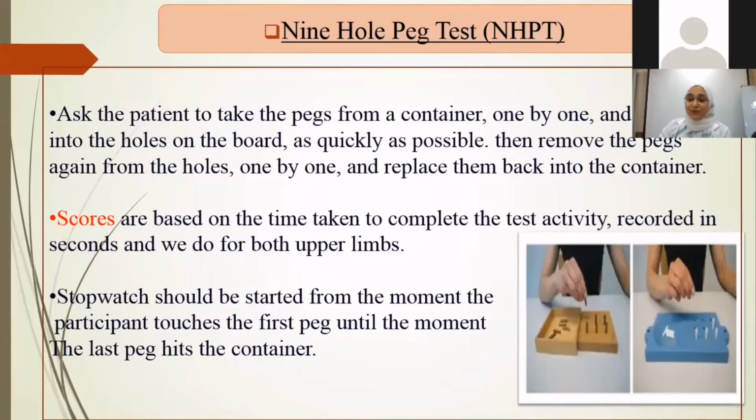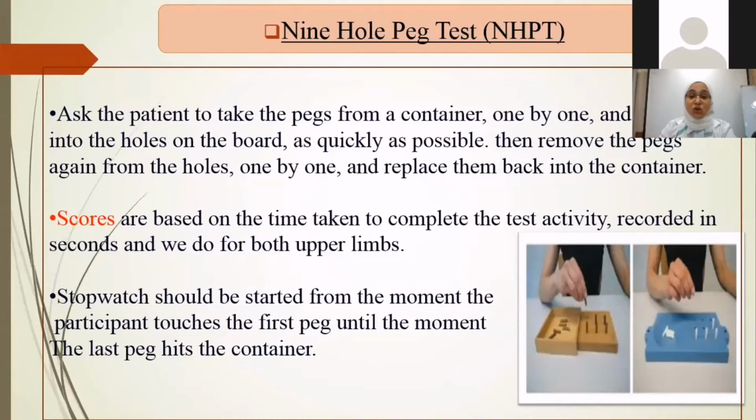Then we will ask the patient to remove the pegs again and put them back in the container. So just take from the container, put in the hole, take off from the hole to put again into the container, and we count the time.